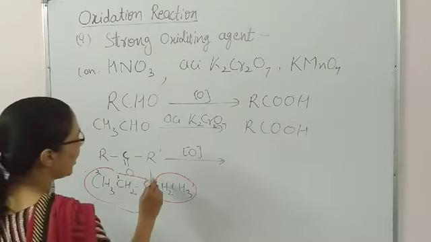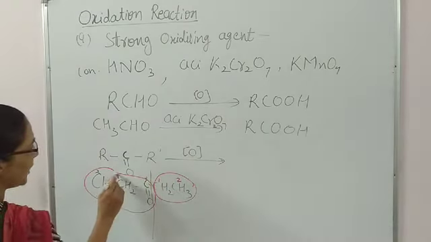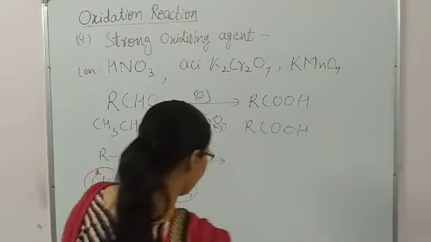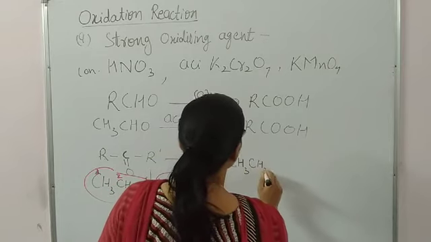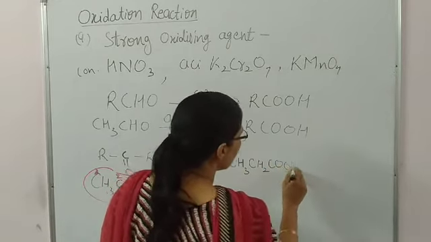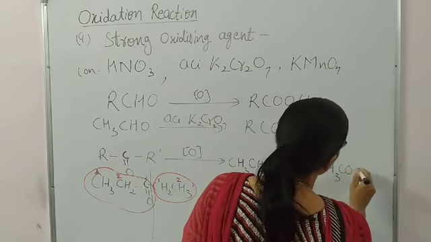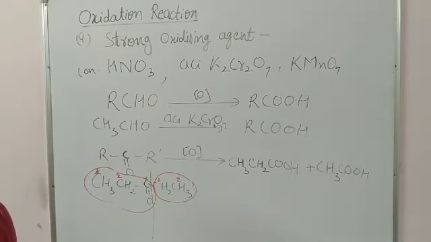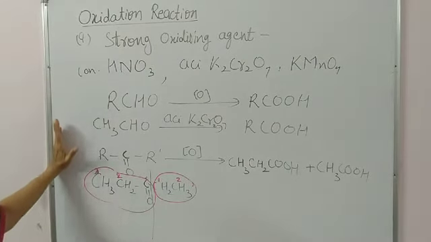It means one acid will have 2 carbon atoms and one acid will have 3 carbon atoms. So the answer will be CH3CH2COOH, 3 carbon containing, and CH3COOH, 2 carbon containing.